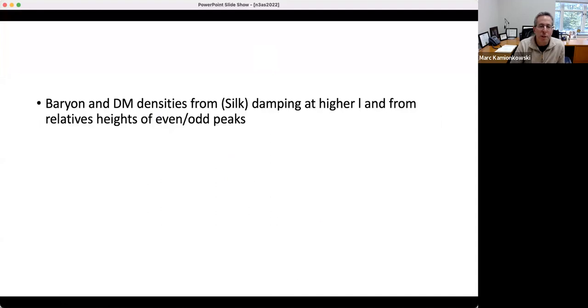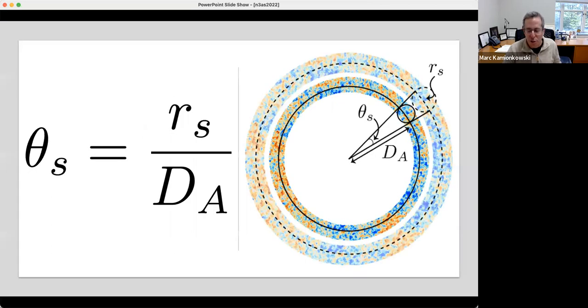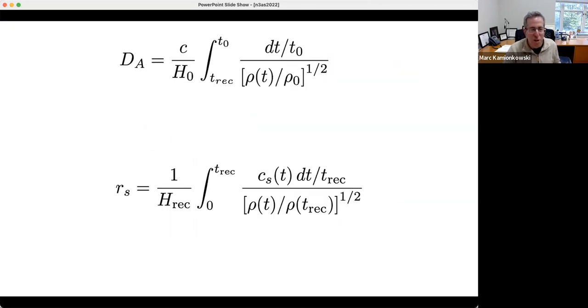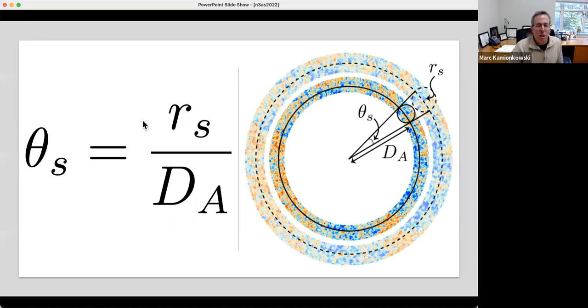Now, strictly speaking, the angle subtended by the sound horizon depends not only on the sound distance, it also depends on the classical cosmological parameters. So actually, let me show you my equations. What we actually measure is this theta sub s, the angle subtended by the sound horizon at the surface of last scatter.